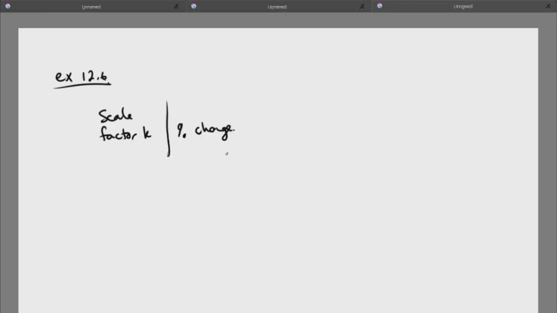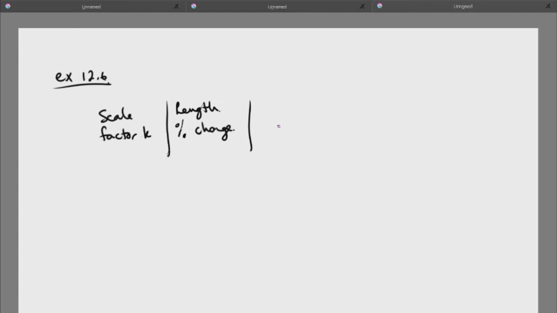So in this exercise 12.6, I have no idea what the actual areas are. I can still see how the length change and the area change compare to each other.